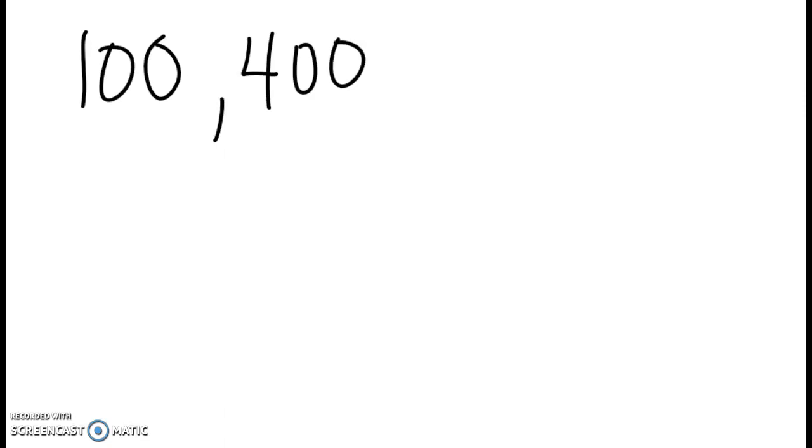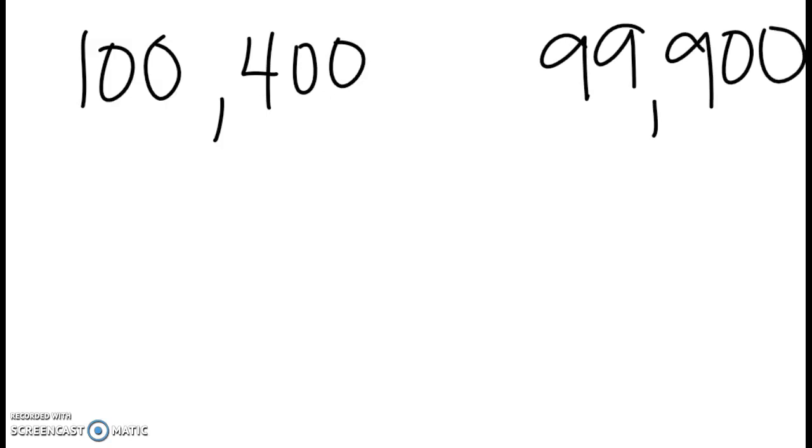Here's our first number. All right, so now this might be tempting to say, oh, nines are bigger than ones. I definitely want the one over here. But again, look at what we have. We have 100,000. Here we only have 99,000. I want 100,000. I don't know about you.